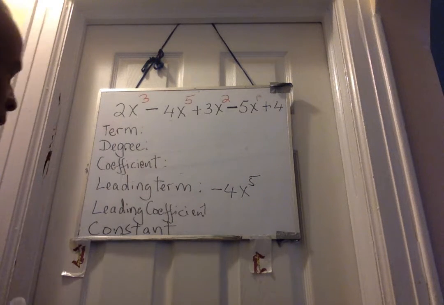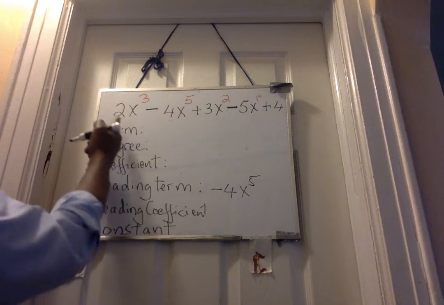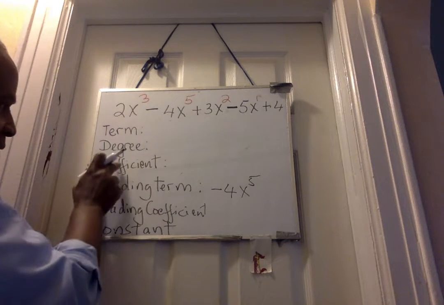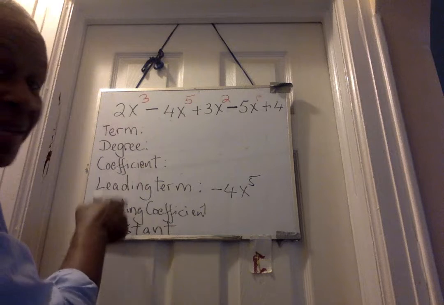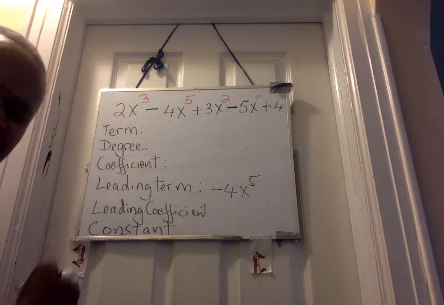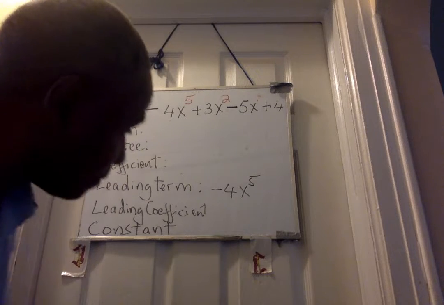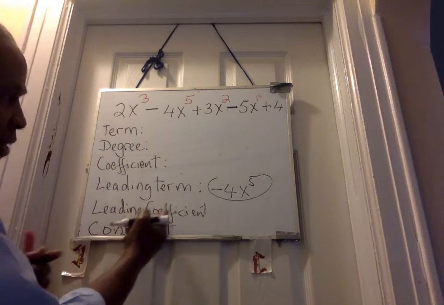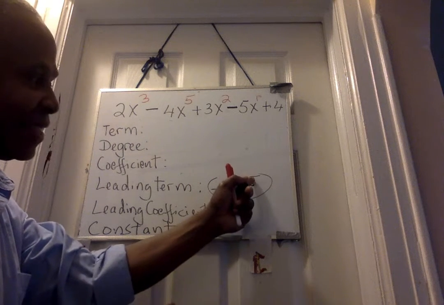Okay? Now, leading coefficient. We know coefficient is the number in front, right? 2, negative 4, 3, negative 5. The coefficient is the number in front of the letter. But now they're asking you for the leading coefficient. Therefore, the leading coefficient is always in front of the leading term. Once you find the leading term, the leading coefficient is the number in front of the letter with the highest exponent.